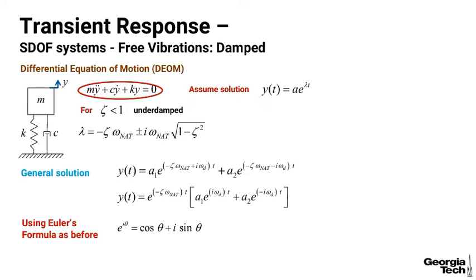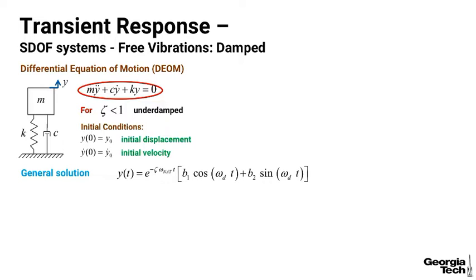And again, like we've seen earlier in the course, I'd rather work with sines and cosines than complex exponentials, so I can use Euler's formula, as I did before, to change the solution into a function of sines and cosines with two different undetermined coefficients, b1 and b2, as shown here.